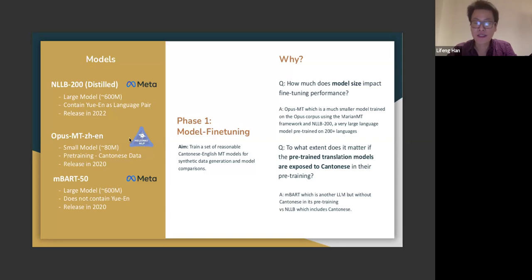Opus MT has only 80 million parameters, while No Language Left Behind 200 has 600 million parameters. Secondly, to what extent does it matter if the pre-trained translation models were exposed to Chinese in their pre-training? mBART-50, which has 600 million parameters too, did not have Cantonese in its pre-training, but NLLB and Opus MT have.